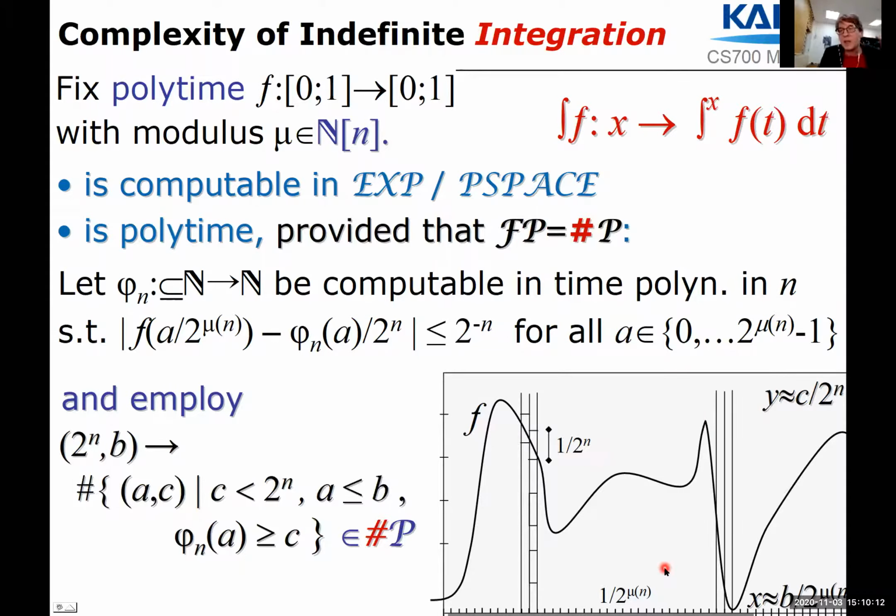That guarantees that on each subinterval, the function value does not vary by more than 2 to the minus n. And since mu is a polynomial, the number of subintervals on the x-axis is single exponential in the parameter n.